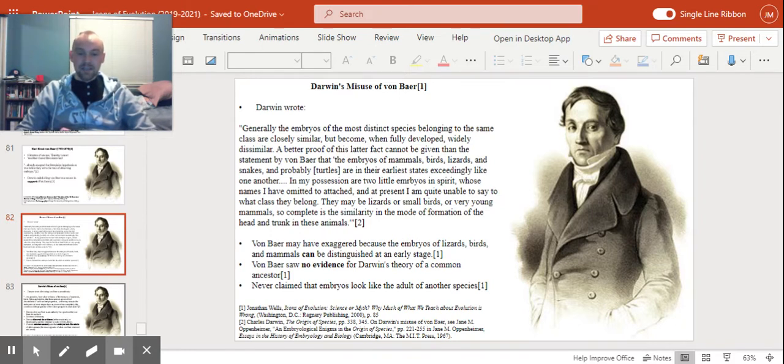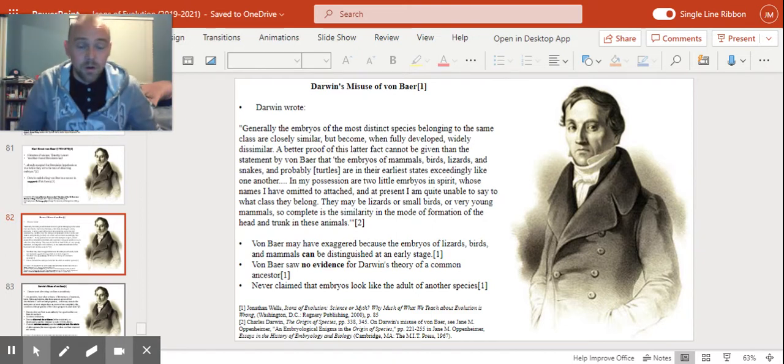In my possession are two little embryos in spirit whose names I have omitted to attach, and at present I am quite unable to say to what class they belong. They may be lizards or small birds or very young mammals. So complete is the similarity in the mode of formation of the head and trunk in these animals."